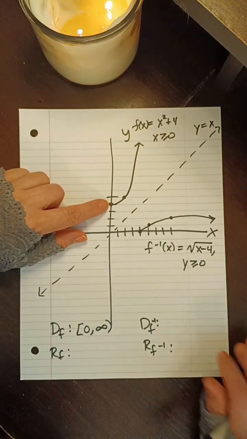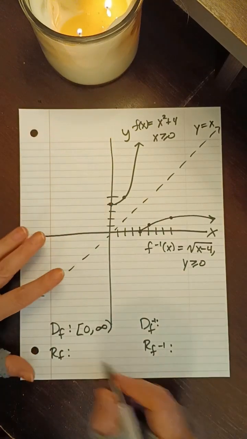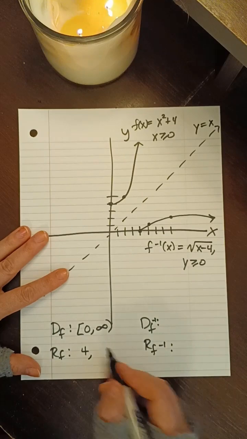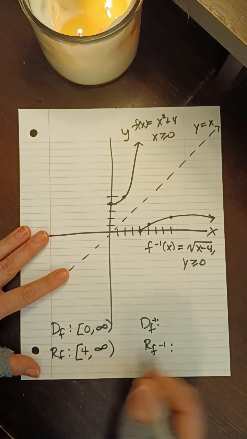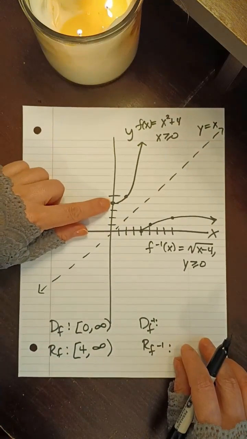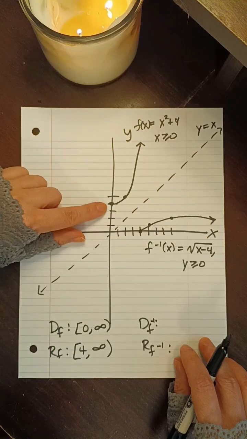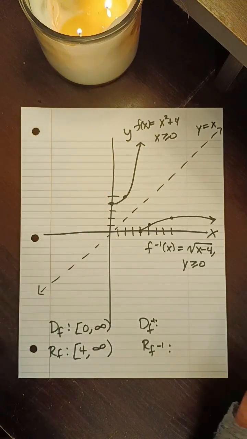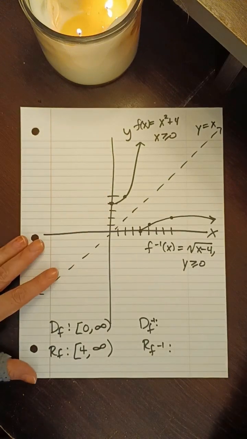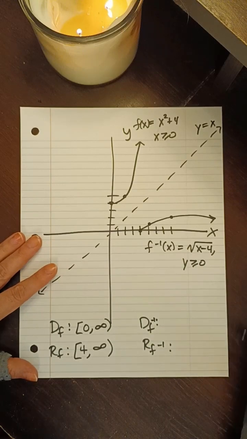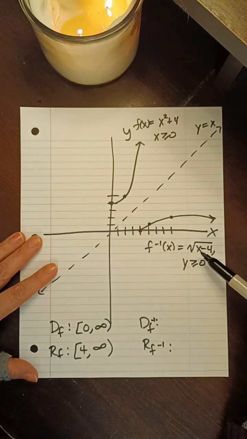So our lowest y value is 4. We're reading y values to infinity. And we include 4. So bottom to top, y values, right? 4 to infinity, including 4.